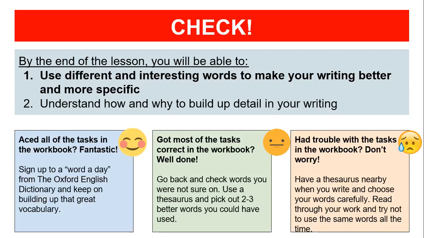Have a look at maybe signing up to Word of the Day from the Oxford English Dictionary, and that'll help you build that vocabulary. If things are not going too well, then, as I said, use a thesaurus and try to improve the vocabulary that you've used. And also try to build that into your regular routine if you've got a thesaurus, or use the thesaurus online.